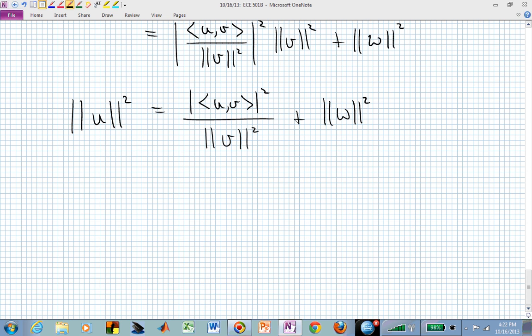Now what do we do? Well, we know by the positivity of the inner product that this component that's orthogonal is positive, isn't it? It can't be negative. This is now greater than 0.